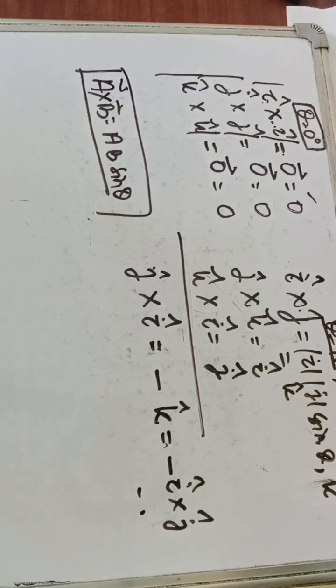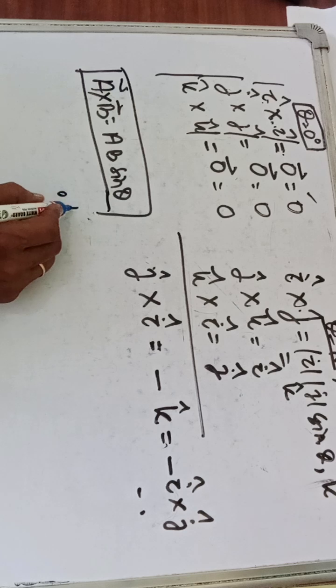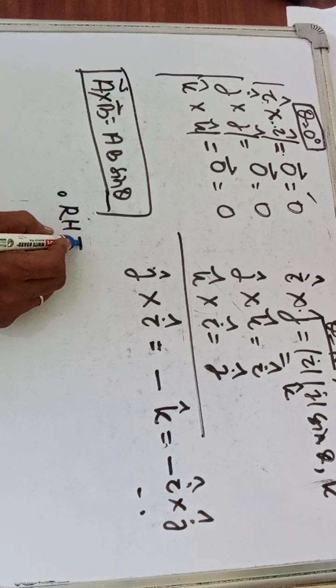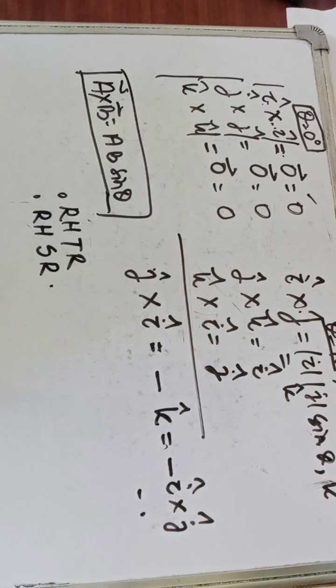Now the direction of the resultant of a cross product of two vectors we get by using the right hand thumb rule, or by using the right hand screw rule.